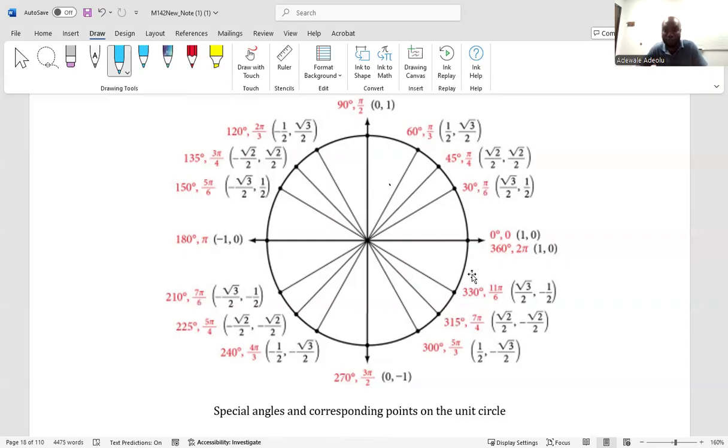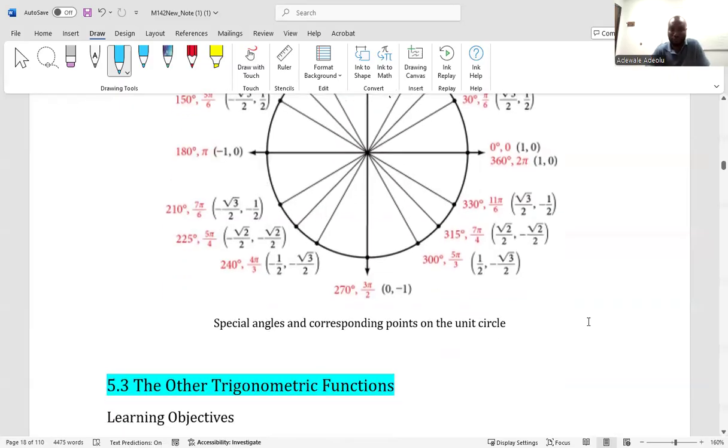Our calculator when you are dealing with calculus. So you can see all those special angles with their terminal points, everything, 120, 135, 150, 210, 225, 240, 300, 315, 330. So you can see this.